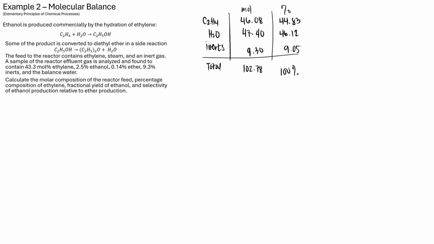Next, percentage conversion and composition conversion. Well, the percent conversion is just number of moles fed minus number of moles remaining over number of moles fed.